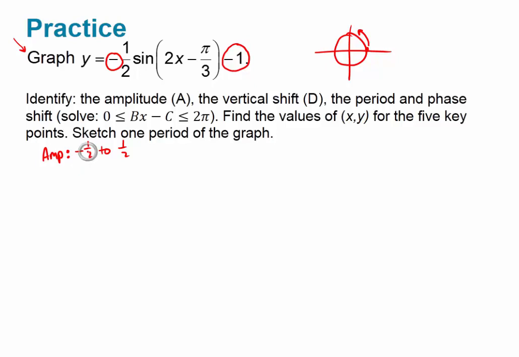So let's drop this down by 1, which would be -1.5. And when I drop this down by 1, it would be to -1/2. So my values here, when I combine the amplitude and the vertical shift, is going to give us this -1.5 to -1/2 in terms of its travel up and down.